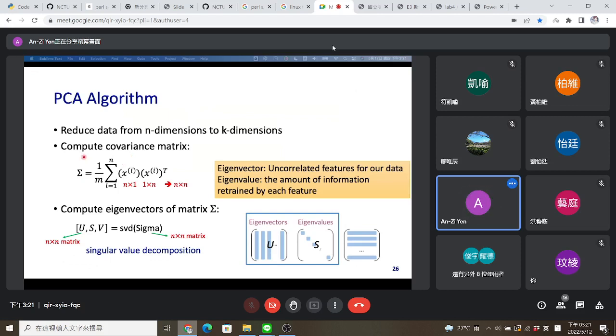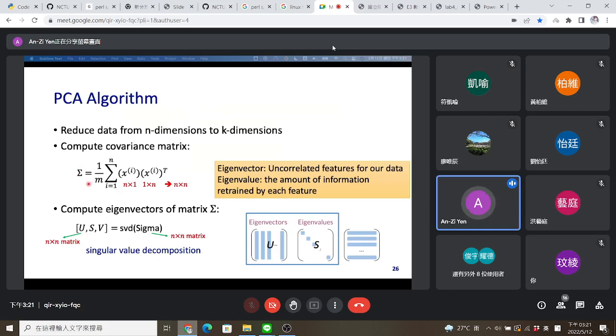this Greek alphabet called sigma. It is a little confusing that this also looks like the summation symbol.